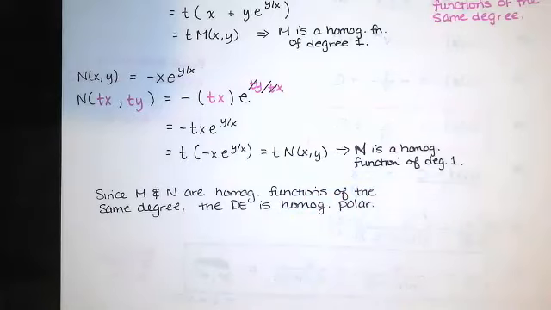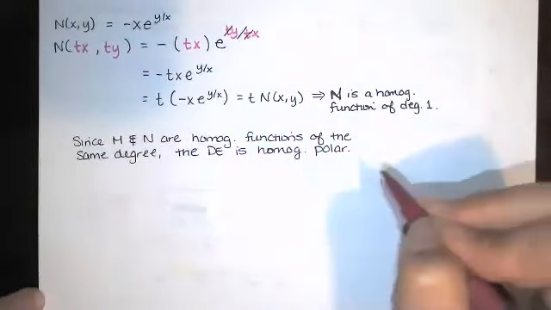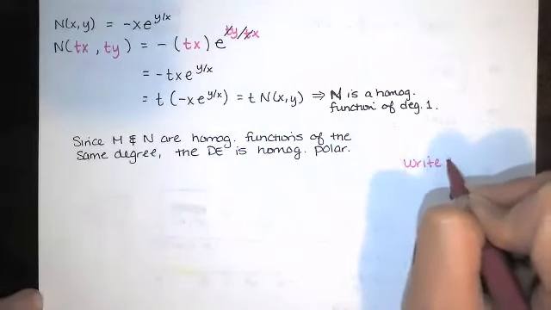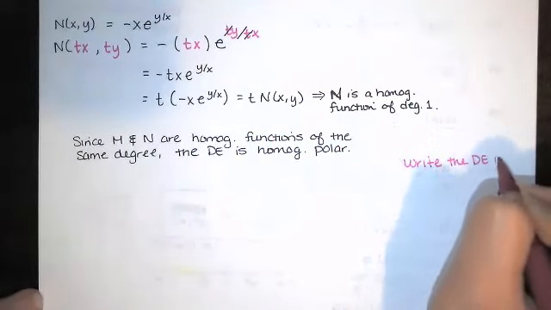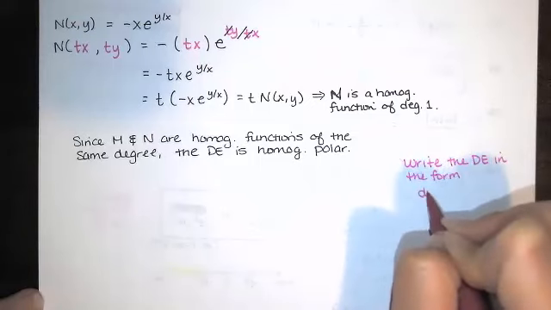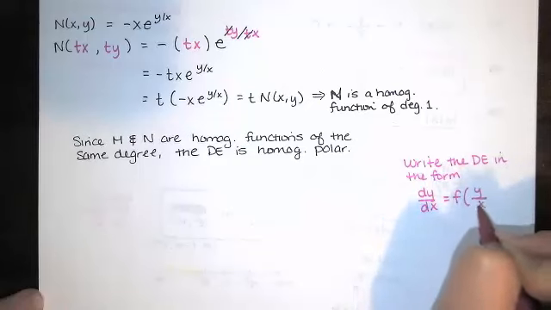And what that means is the original differential equation can be rewritten in this form. Since the differential equation is homogeneous polar, we can write the differential equation in the following form: dy/dx equals some function of y divided by x.